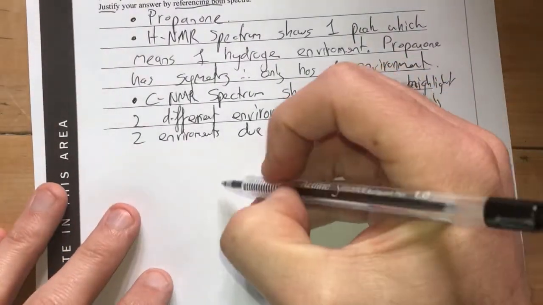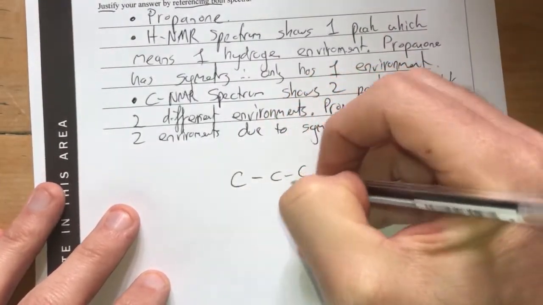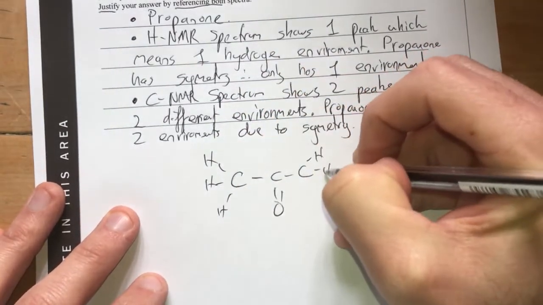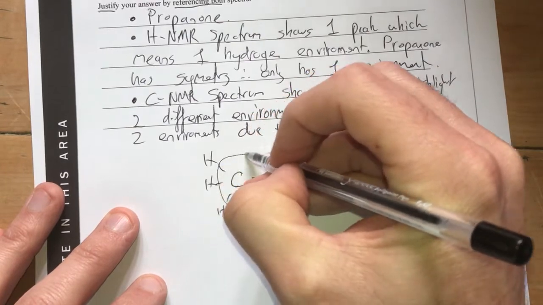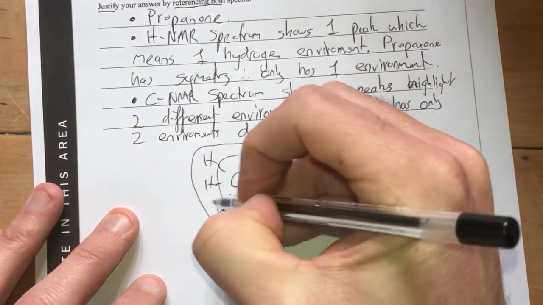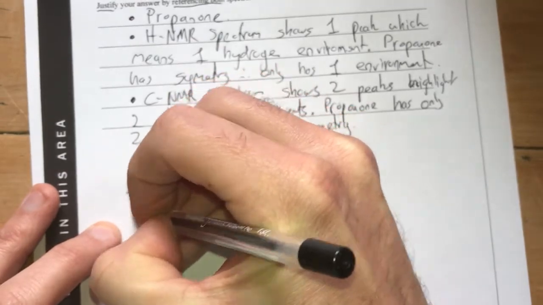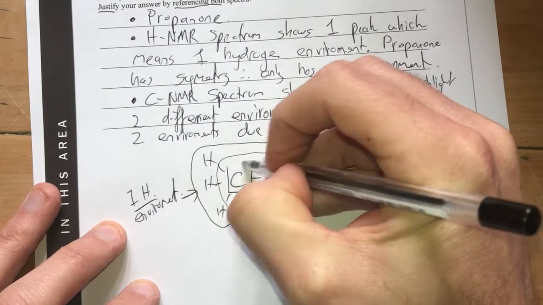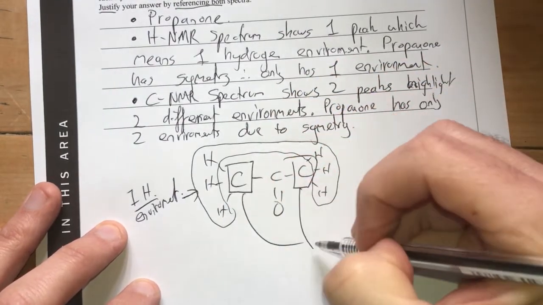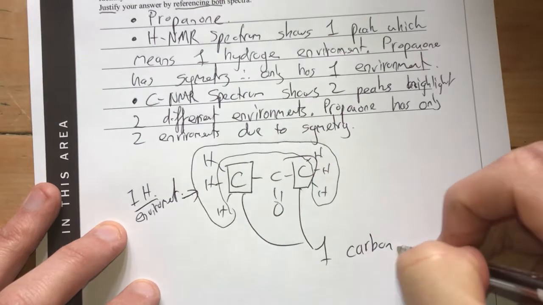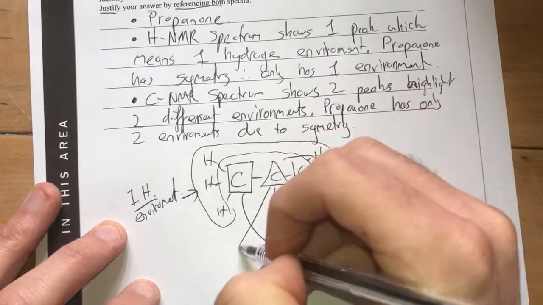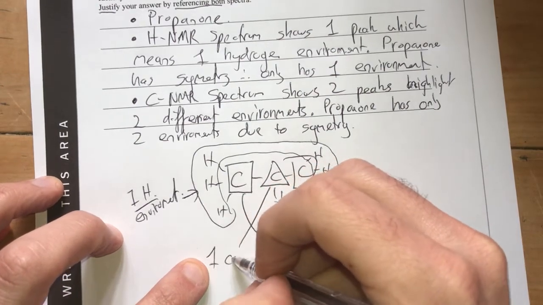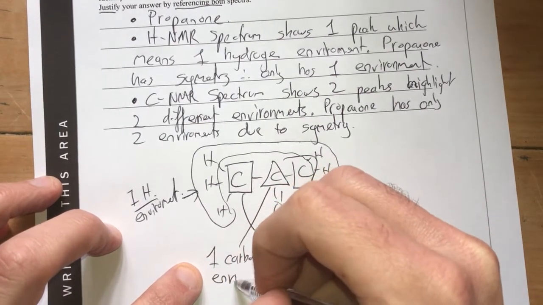And just for kicks, I have time, so I'm going to do this quickly, show you what it looks like, and then I might be able to highlight the fact that all these are one H environment, and then I'm going to say that this one here and this one here are one carbon, and this guy here, or a triangle, is not the best example here, another carbon environment.